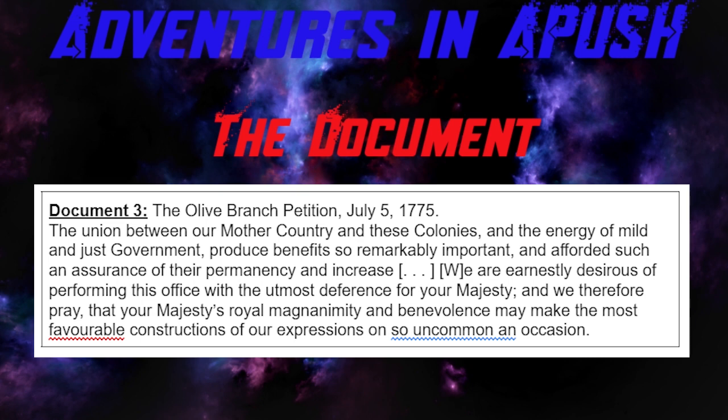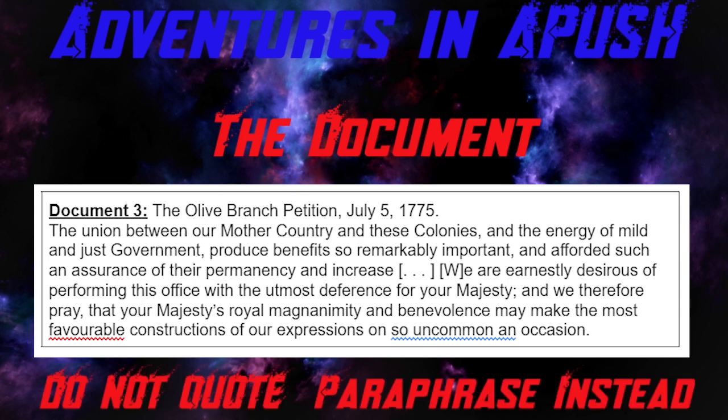Now, this is really important because you won't get any points if you directly quote from the document. Instead, you explain certain details from the document in your own words which could be used to answer the main question in the prompt. If you do that 3 times with 3 different documents, you get 1 point. You do it for 4, you get double points.